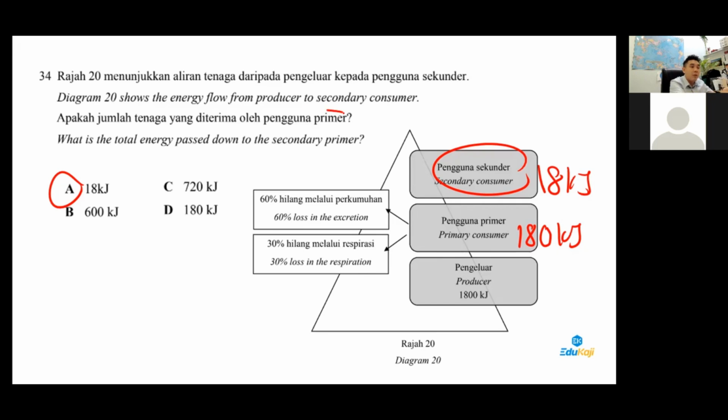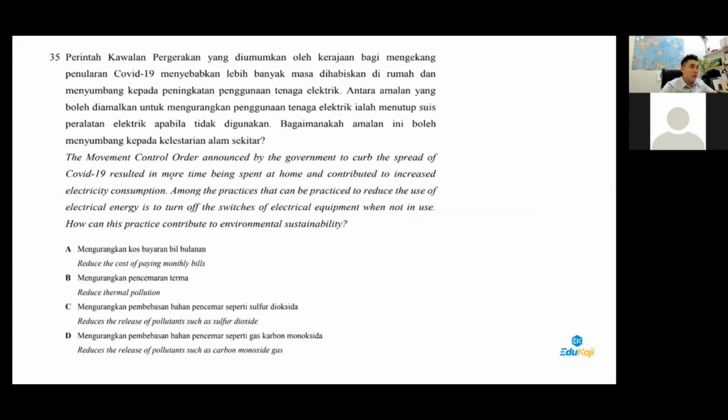I follow the BM: pengguna primer means what? Primary consumer. I think they got it wrong, lah, guys. So if they want primary consumer, you should get the answer D. If they want secondary consumer, then 18 lah, then A lah. Okay, 34 D.